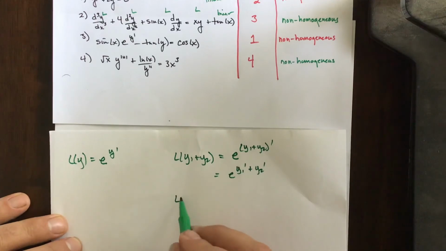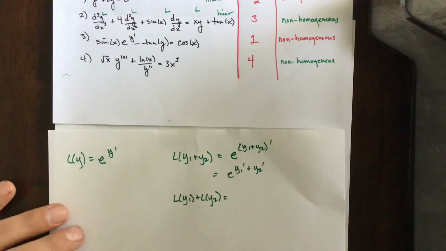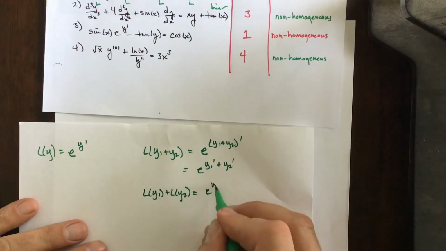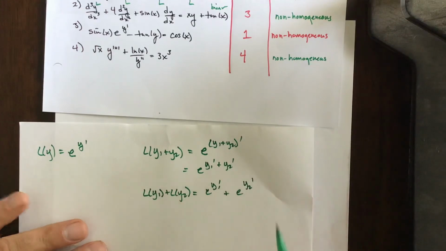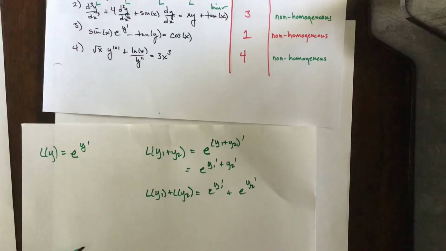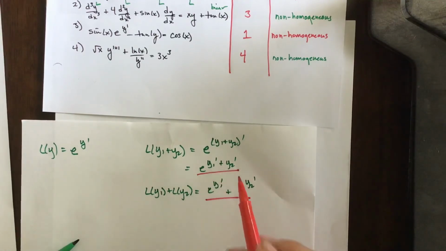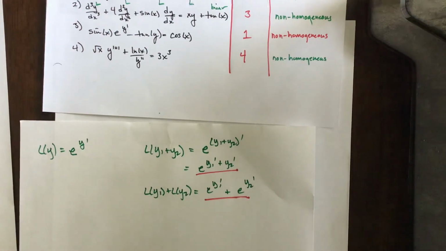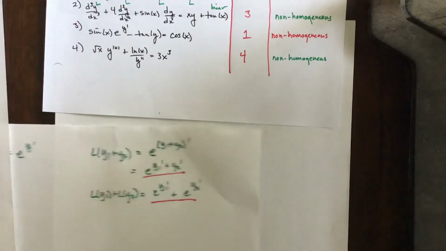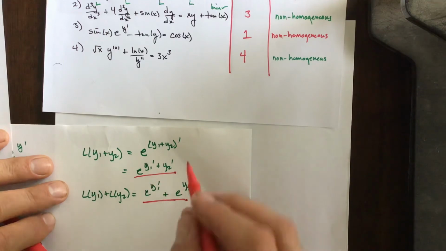So is that equal to L of y1 plus L of y2? That's e to the y1 prime plus e to the y2 prime. So is everything underlined in red here the same as everything underlined in red above? And the answer is no, it's not. Because remember, this sum, even though I wrote it sloppily, is in the exponent.